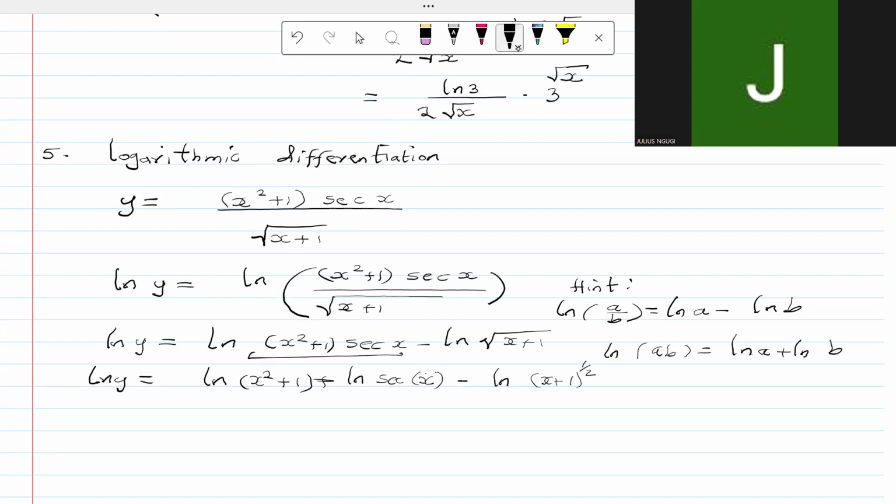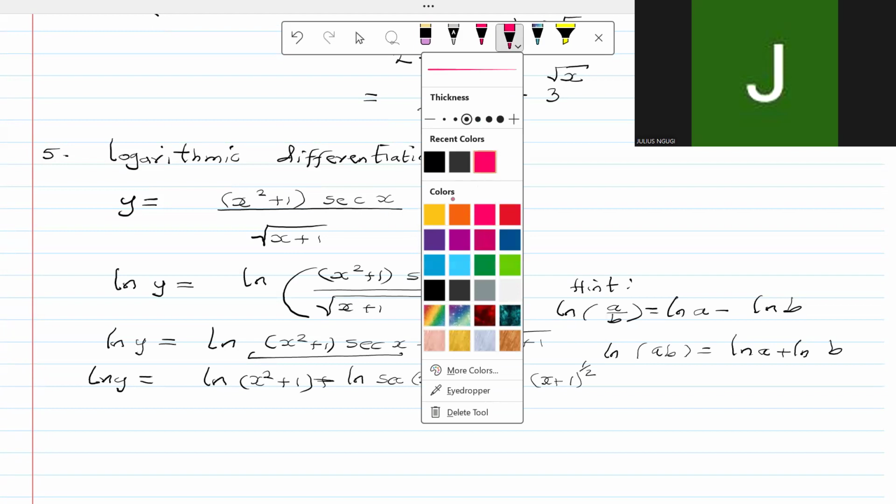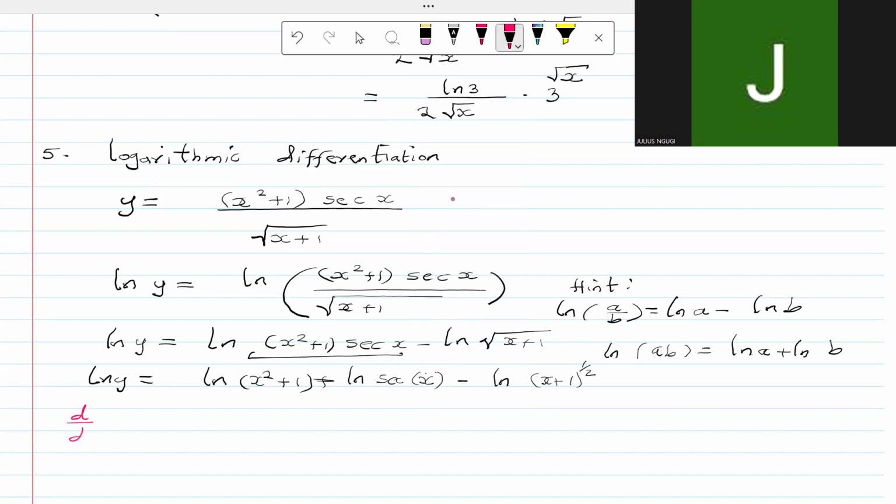So let's do the derivative, and I'll write that one using the derivative with respect to x on both sides. The derivative of ln of y equals the derivative with respect to x of all this: ln of x squared plus 1 plus ln of secant of x minus ln of, now another rule is you drop the power first in front of ln of x plus 1.